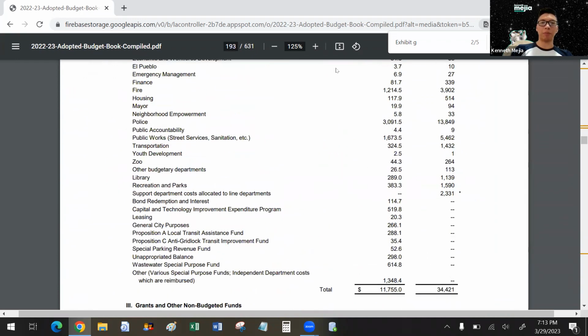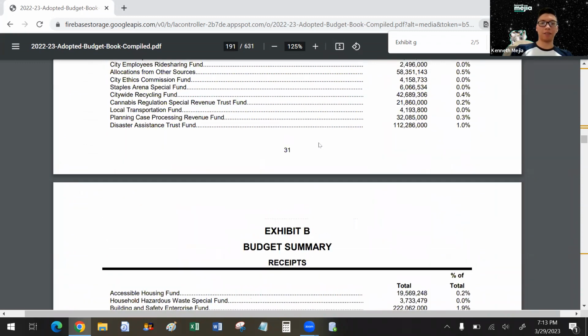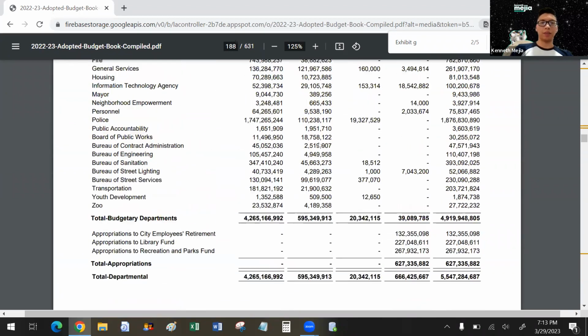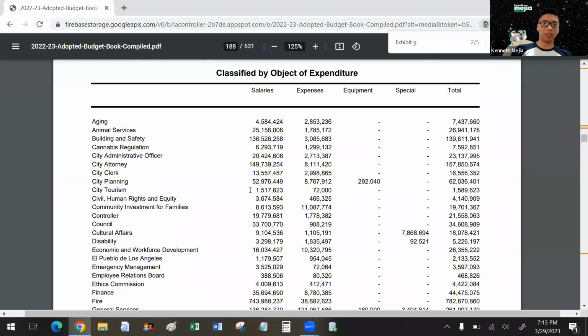So let's scroll up a bit and show where those are. Let's go to Exhibit A, and we'll show you what the operational budget is and what it consists of. The controller's operational budget is $21,558,063. And you want to know, well, Kenneth, what does it consist of? The operational budget is broken down by salaries, expenses, and equipment, and any other special costs.